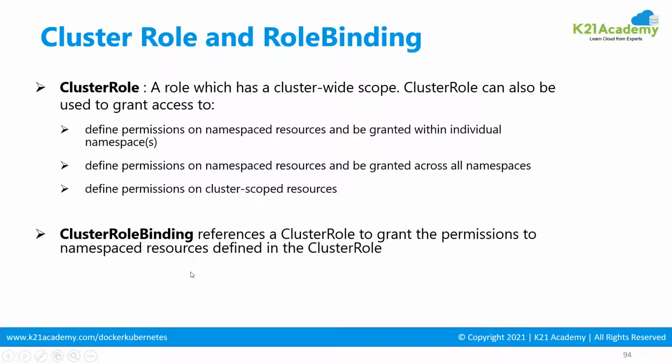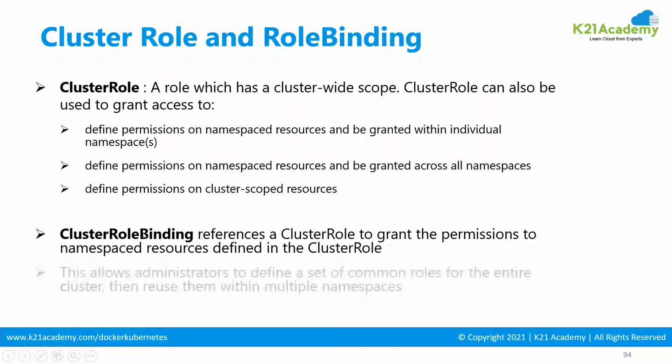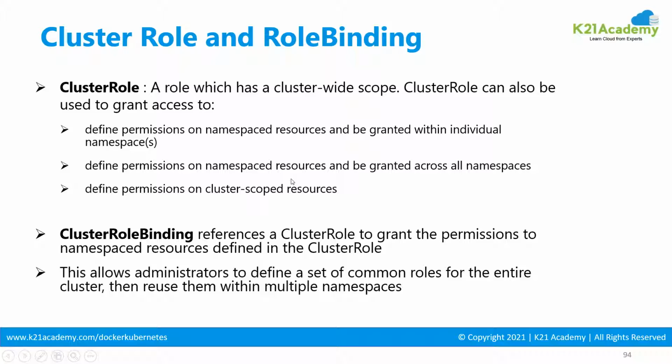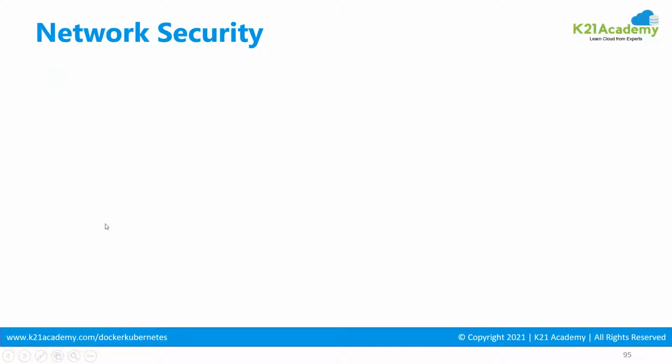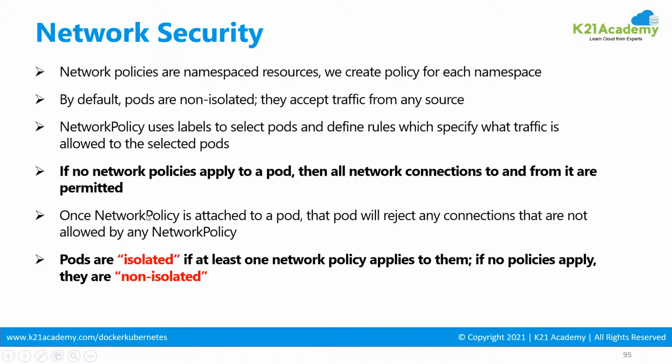Similarly, there is a cluster role binding, for which user you want to bind a cluster role to. So this is about role and role binding, and now we want to move to network security.